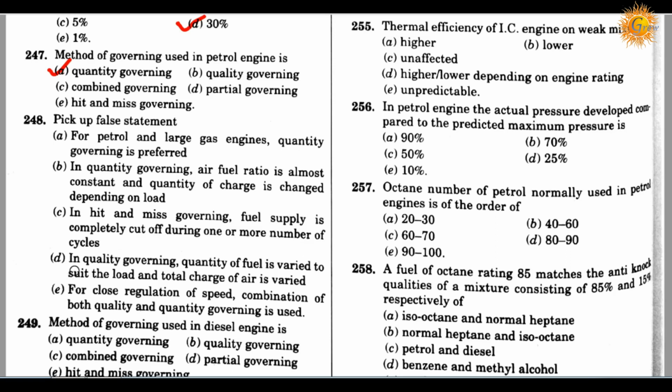Option D. In quality governing, the quantity of fuel is varied to suit the load and total charge of air is varied. Option E. For close regulation of speed, combination of both quality and quantity governing is used.